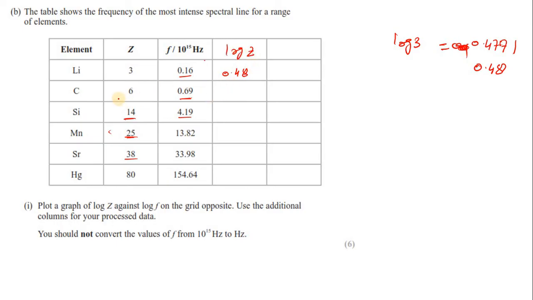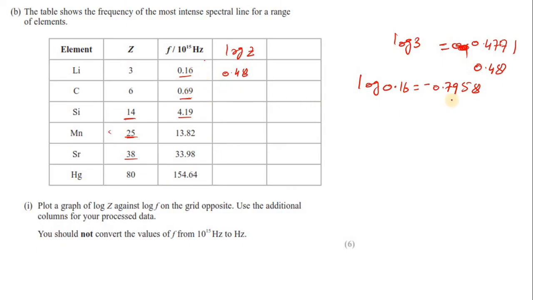And then you can calculate log of 6 and log of 14 and so on. Similarly, log of f, which is 0.16. The calculator will give you negative 0.7958. Again, you need to round it off to the same decimal place.